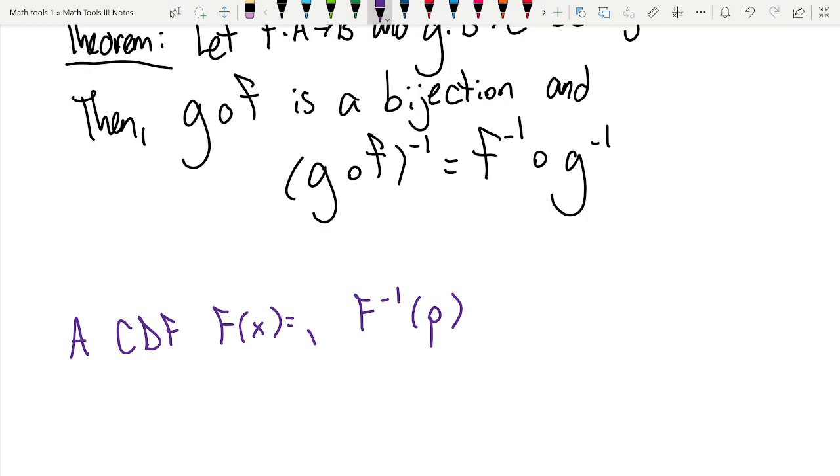Typically, f of x would equal some number p, right? It outputs a probability. So f inverse of p, which would output an x, is the quantile function, or sometimes just called the inverse CDF.